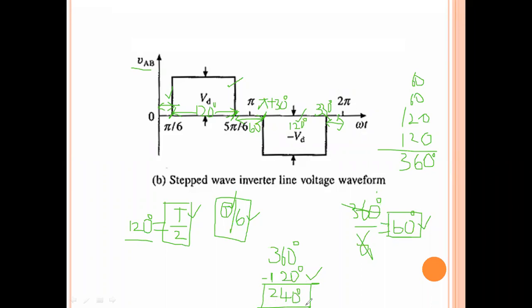Now this 240 degrees is shared by two square pulses, that means 240 by 2, we will get 120 degrees each. So each square pulse will be 120 degrees of conduction duration. This is how the stepped waveform will be attained with the help of stepped wave inverter operation.